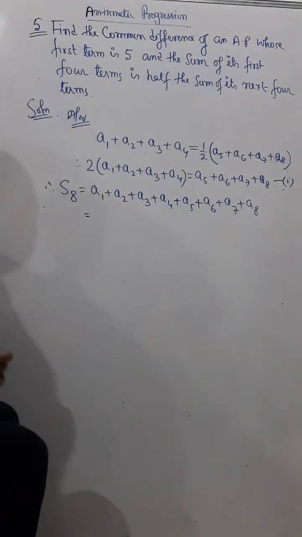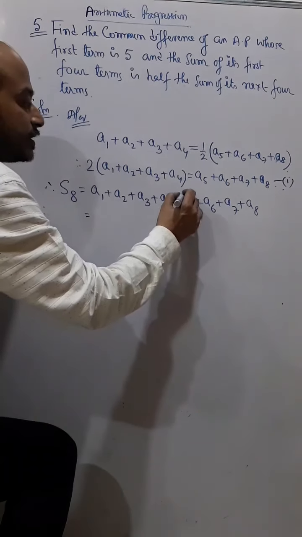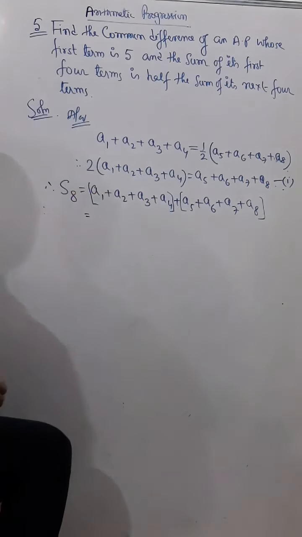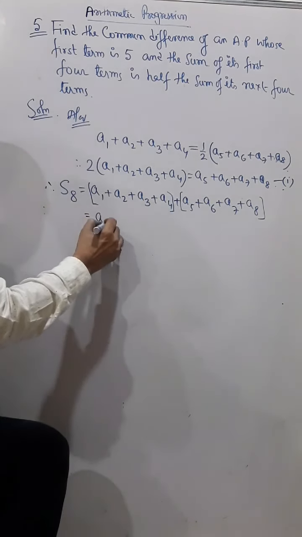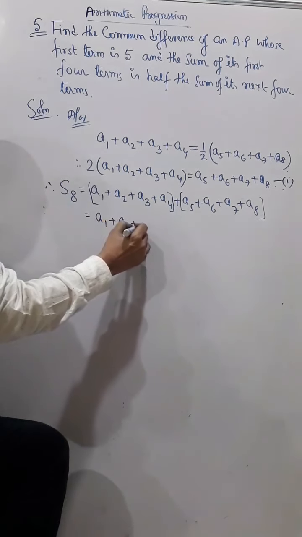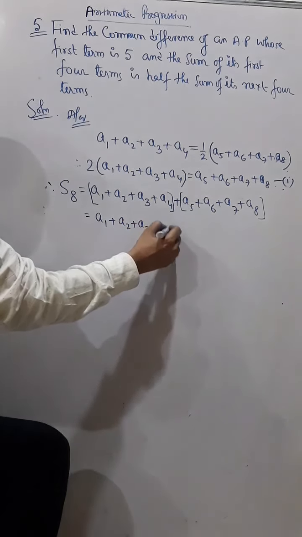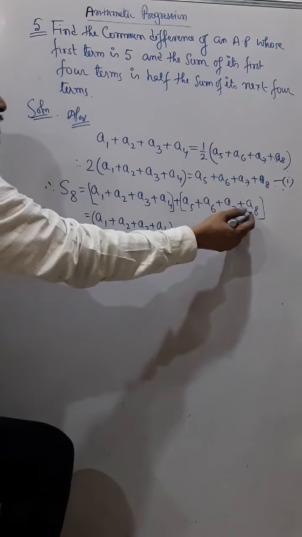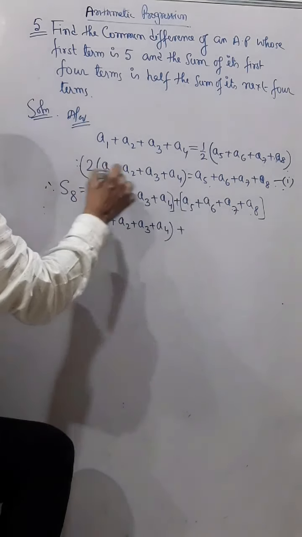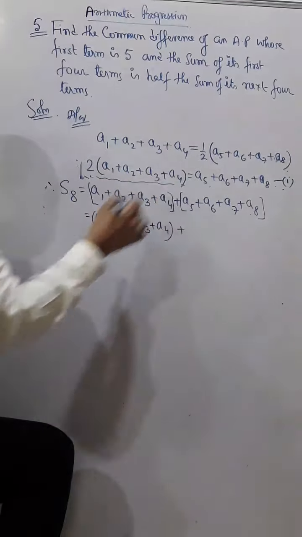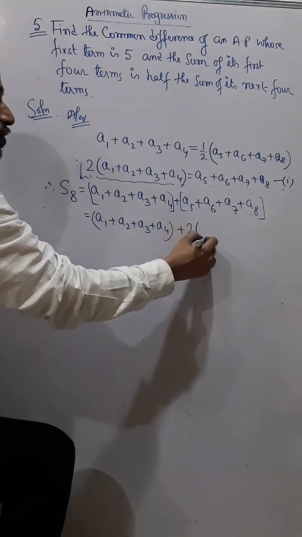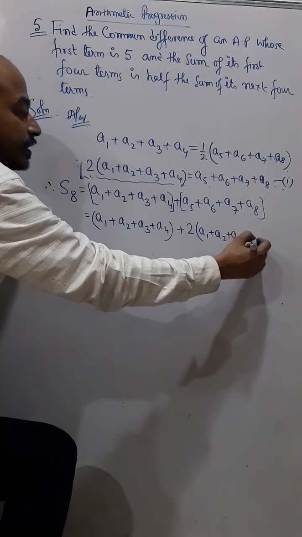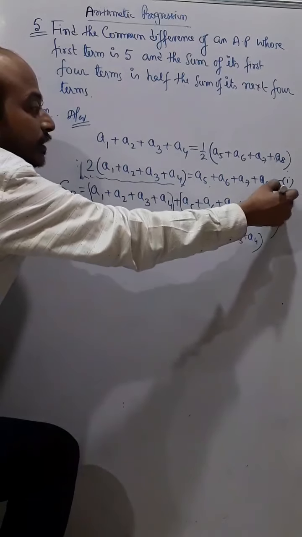Okay. Now if you see this part, I can say it is A1 plus A2 plus A3 plus A4 plus A5 plus A6 plus A7 plus A8. Instead of this I can write 2 times A1 plus A2 plus A3 plus A4, from 1.